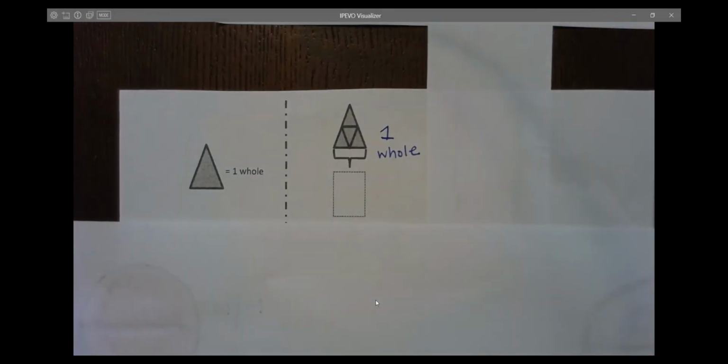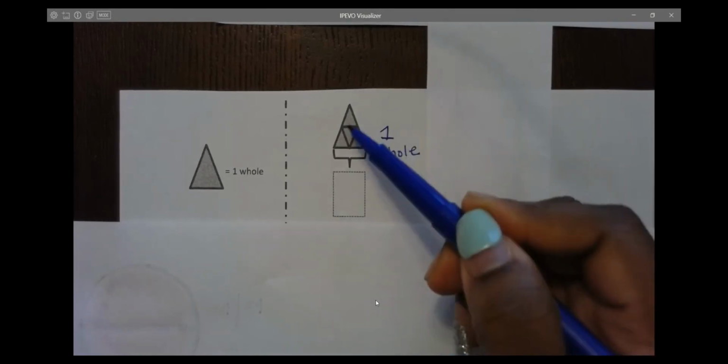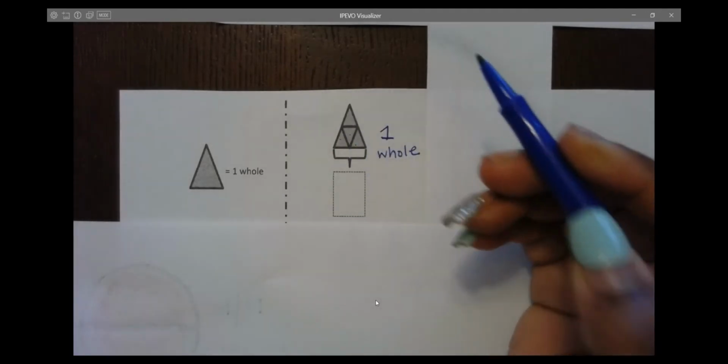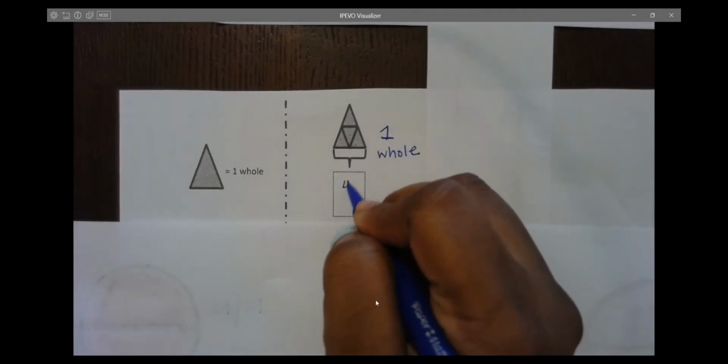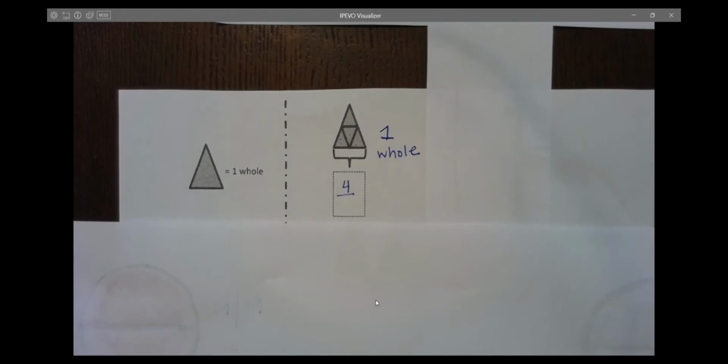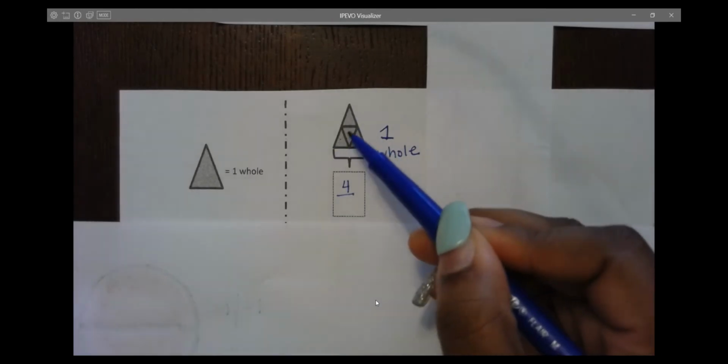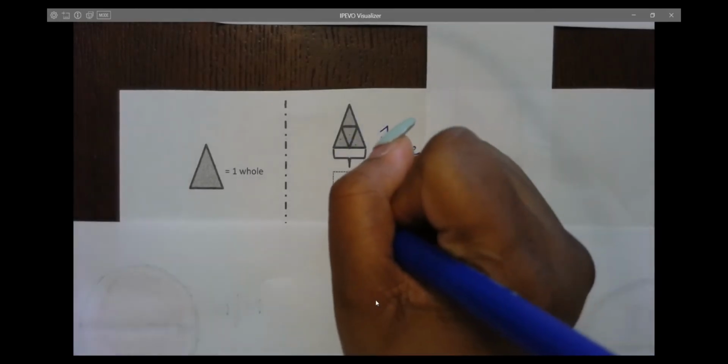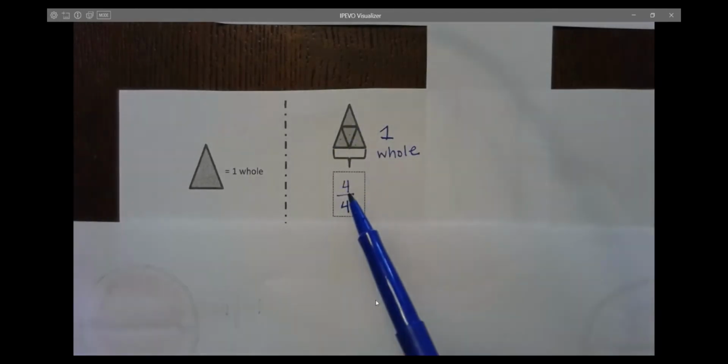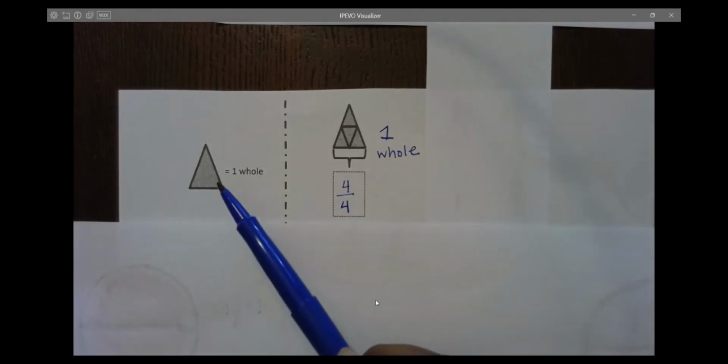Now let's see how many pieces we have that are shaded. Right, we have 1, 2, 3, 4, which is our numerator. So we're going to go ahead and put that on the top, 4 that are shaded. So how many do we have total? 1, 2, 3, 4. So that's our denominator. So 4 fourths is the same as 1 whole.